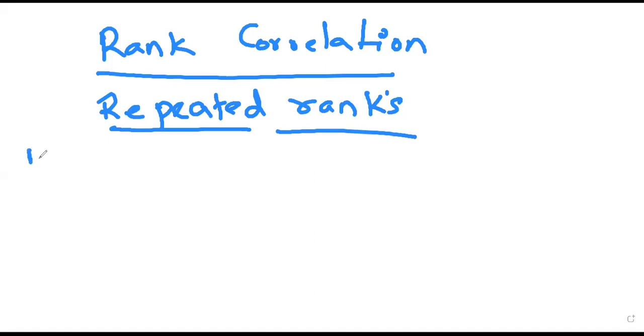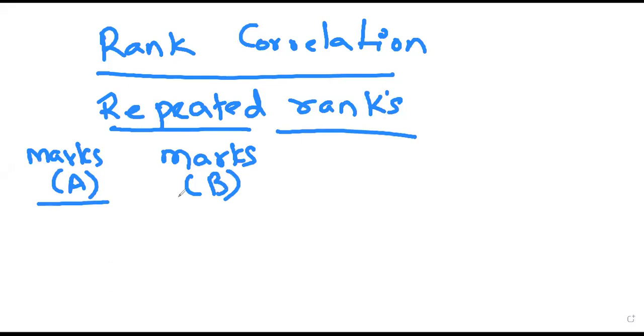Let us assume the marks of student A and the marks of student B are given as below. Note this down: repeated ranks.